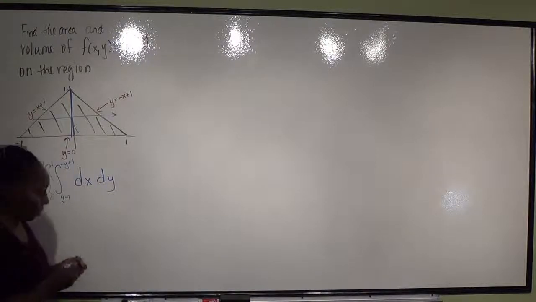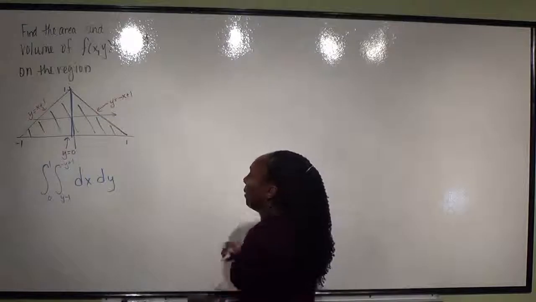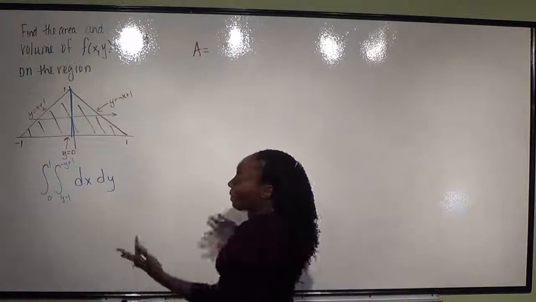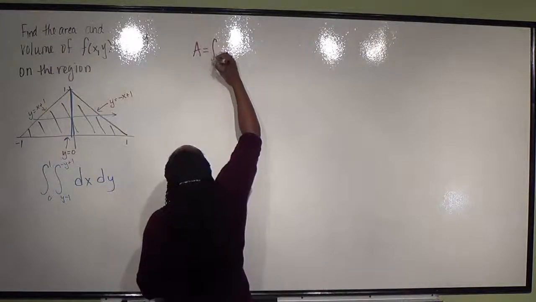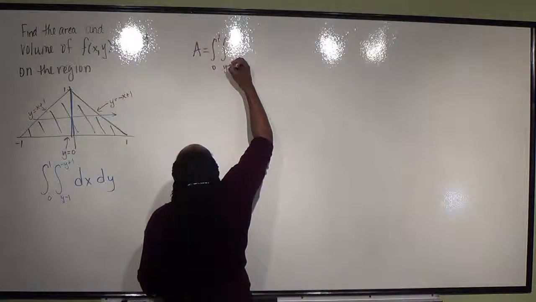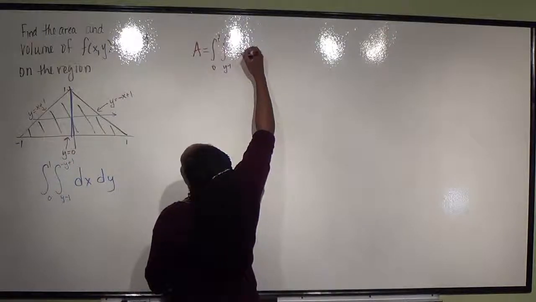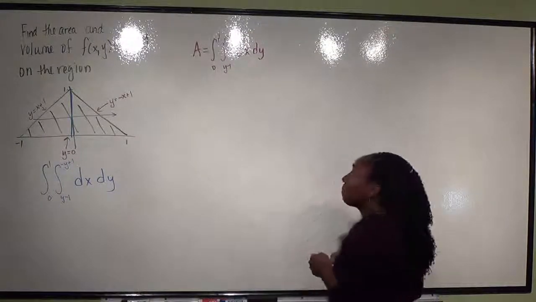Now let's actually set up our integrals and solve them. Okay? For the first part, my area, well, we've basically already set it up. Again, we don't need our function in there, so the integral from 0 to 1, integral from y minus 1 to negative y plus 1 dx dy, that'll give me my area.